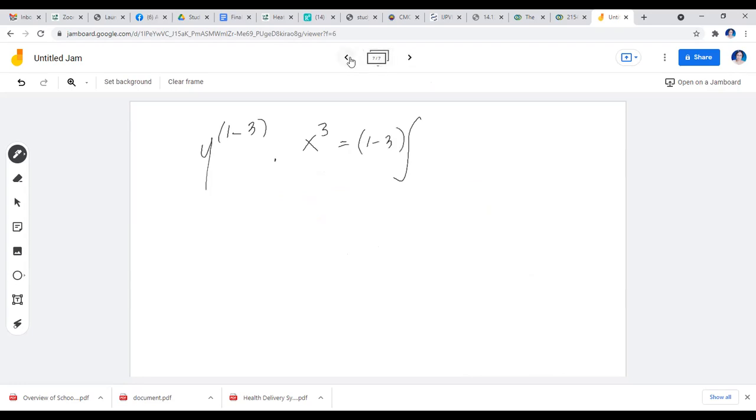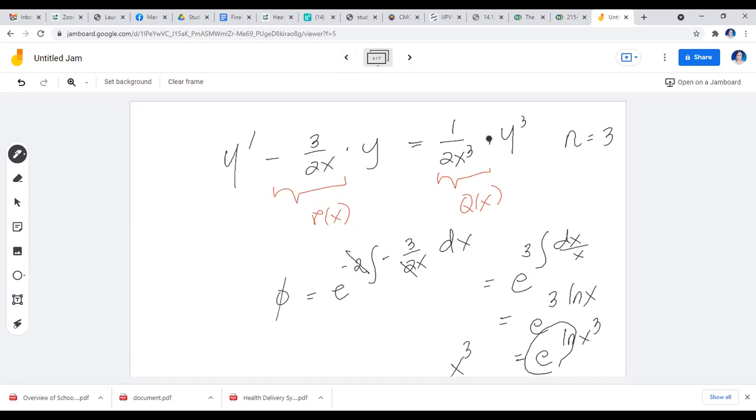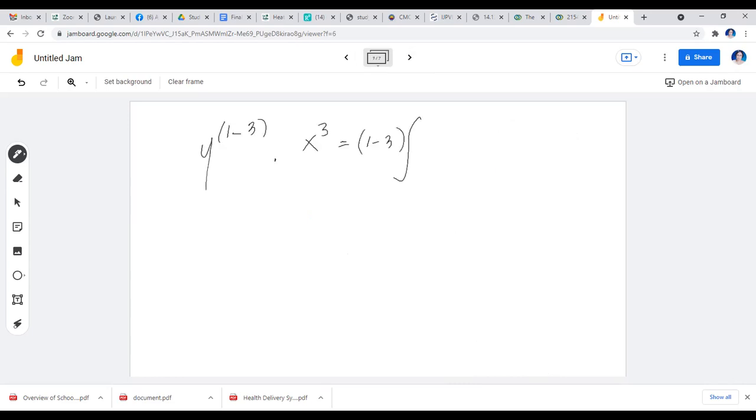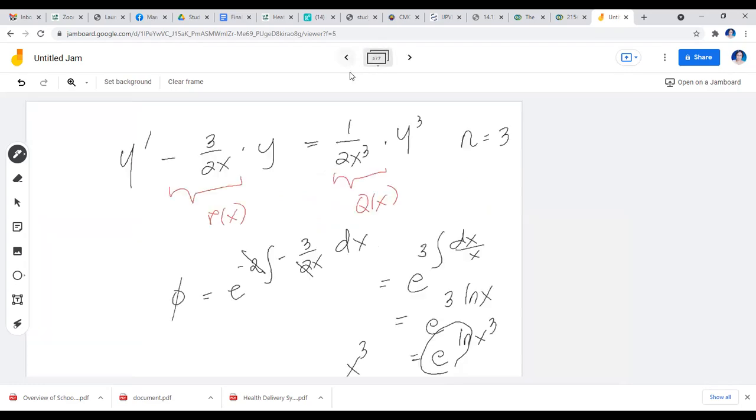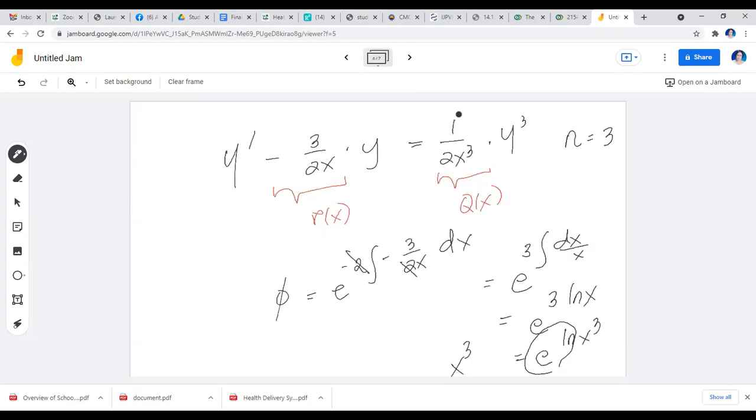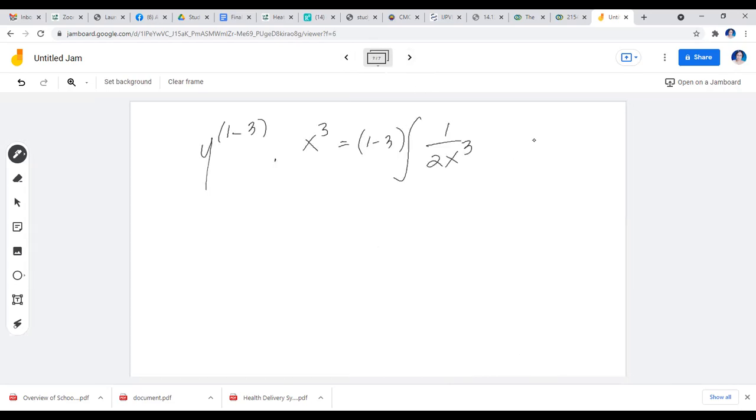Then you check what is your q of x. Your q of x here is this one, okay? 1 over 2x cubed. So you will have here 1 over 2x cubed. Be careful to check the signs. I do also miss it at times. So it's positive, so then it would be positive here. Times the phi. What is our phi? That is x cubed dx.